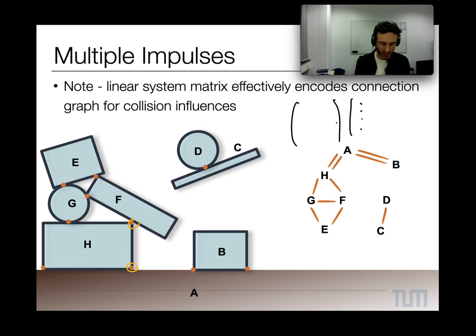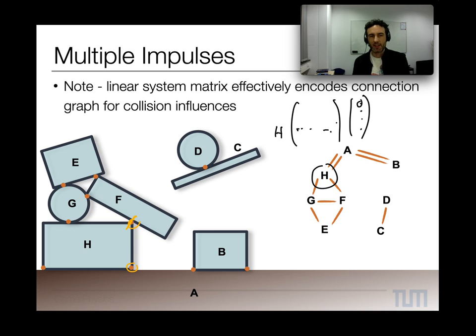For every pair, we need to solve the impulse. And then in our matrix now, for example, for certain part A, we would get a certain equation in here for H maybe that encodes a certain influence between these two objects.